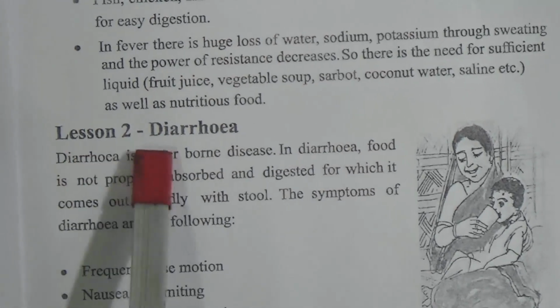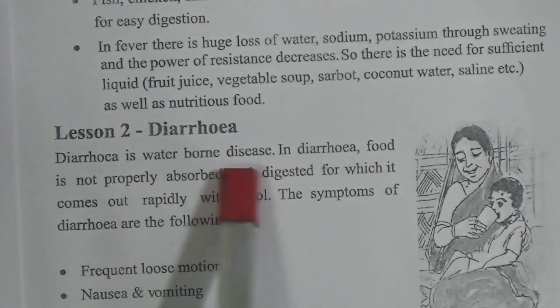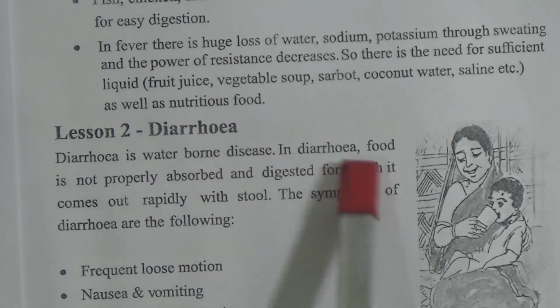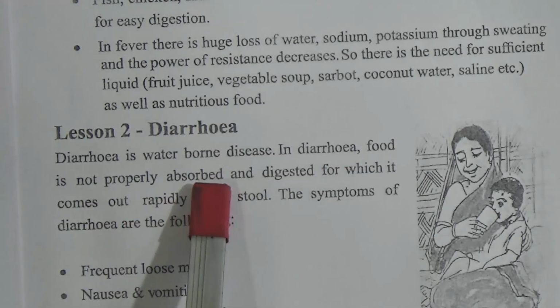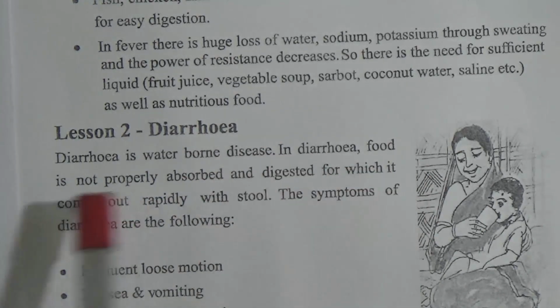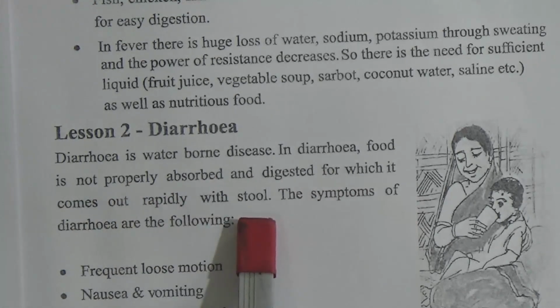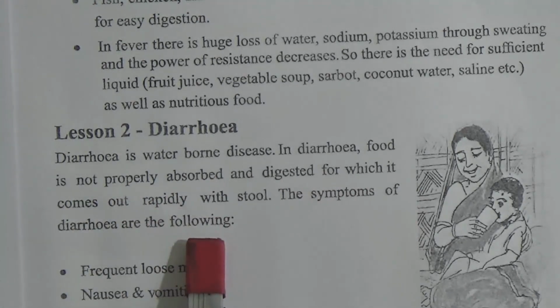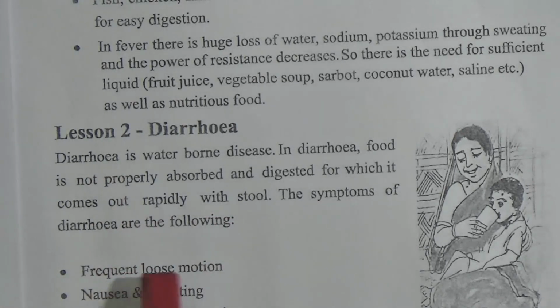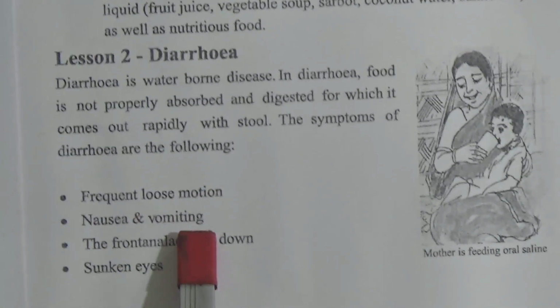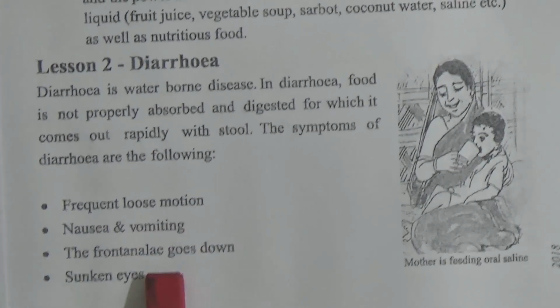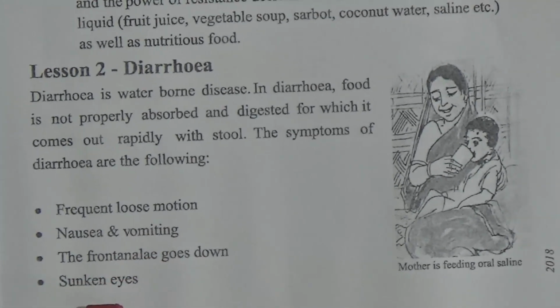Now we'll learn about lesson 2, diarrhea. Diarrhea is a waterborne disease. In diarrhea, food is not properly absorbed and digested, for which it comes out rapidly with stool. The symptoms of diarrhea are the following. First is frequent loose motion, nausea and vomiting. The front fontanelle goes down, and eyes become sunken.